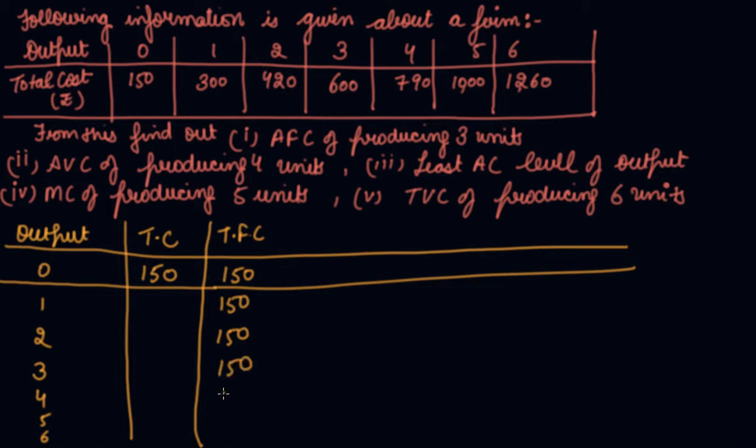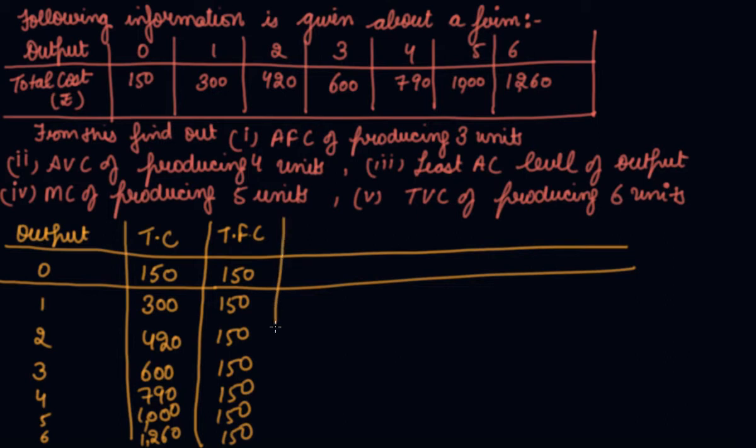This will be the fixed cost in the short run at all the levels of output, right? Now the total cost is given to you: 300, 420, 600, 790, 1000 and 1260.